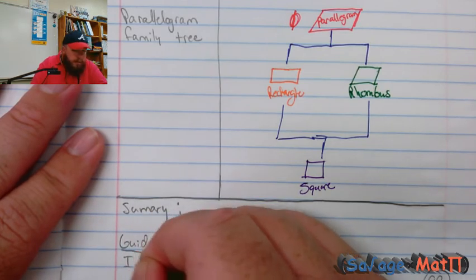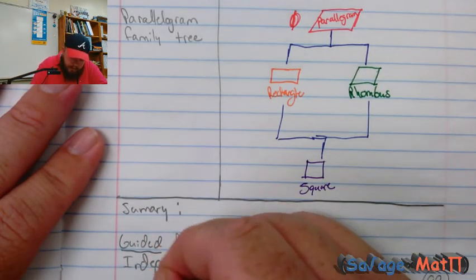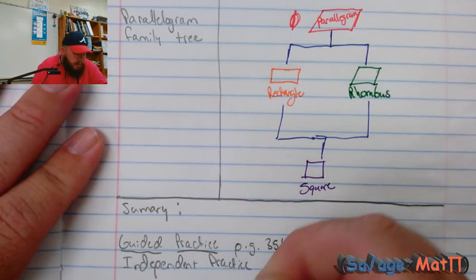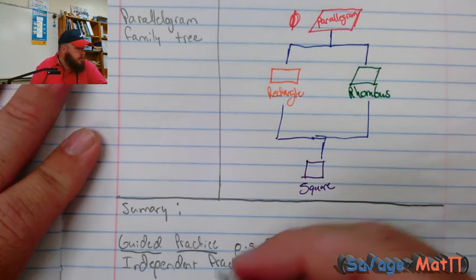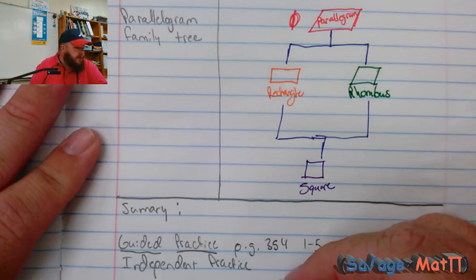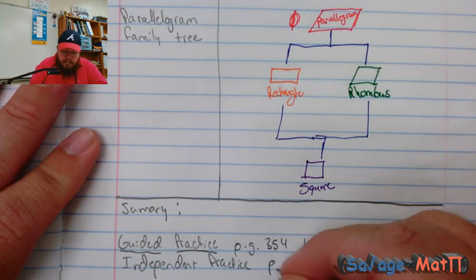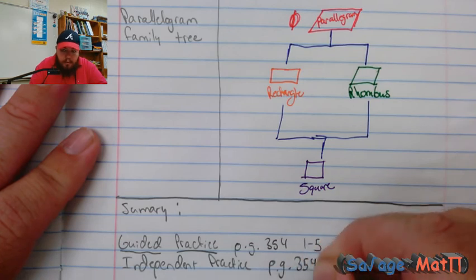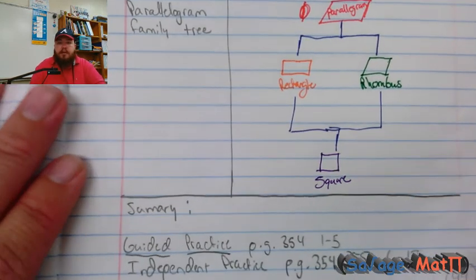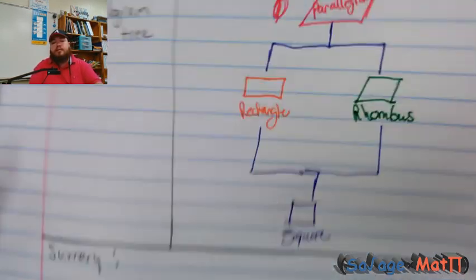Then you do independent practice, and we're going to do 6 through 17. I don't think this stuff is really that hard, guys. So there's your work for today.